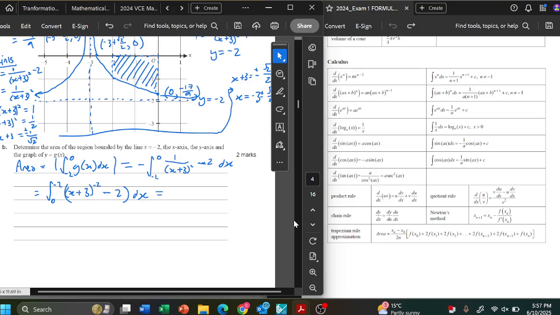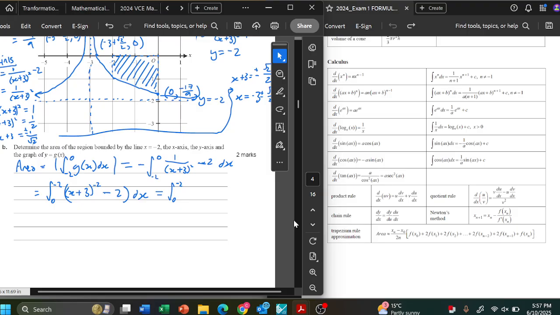That's going to come out as being equal to the integral from 0 to -2 of... first up, we're taking the derivative of this, so we bring that power out the front, multiply through by -2. Sorry, no, we're taking the integral, not the derivative.